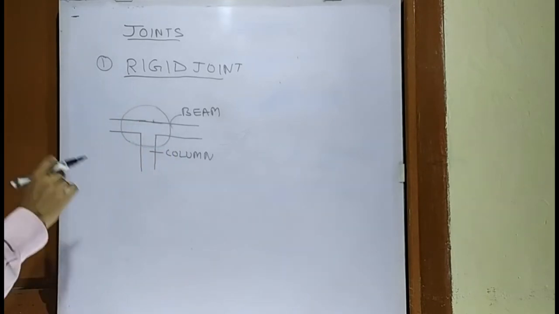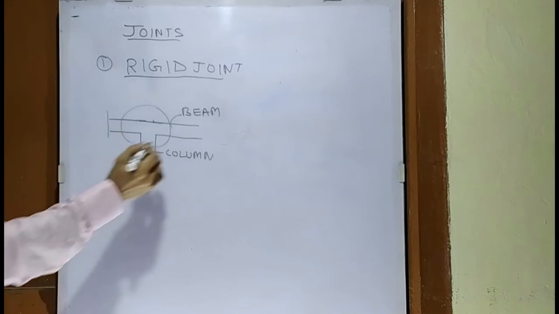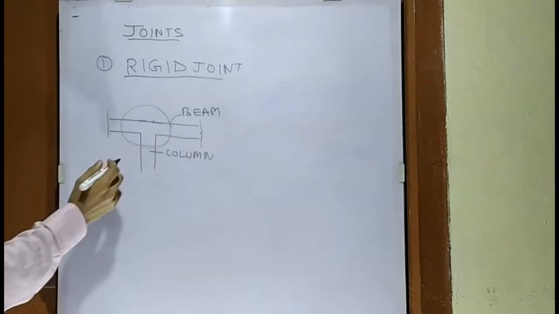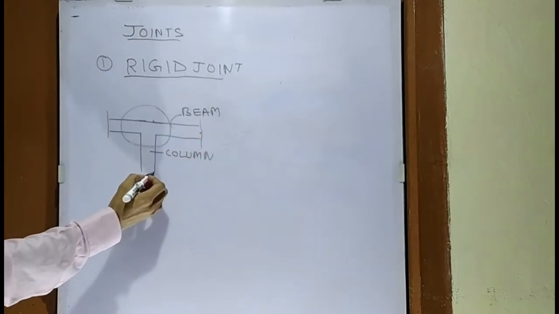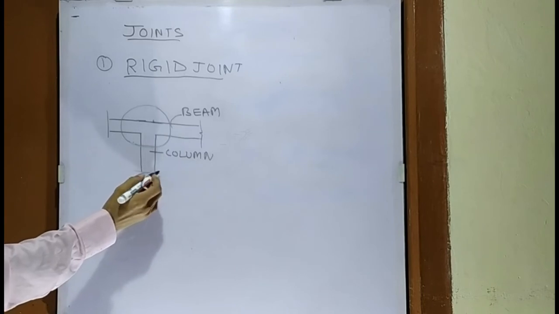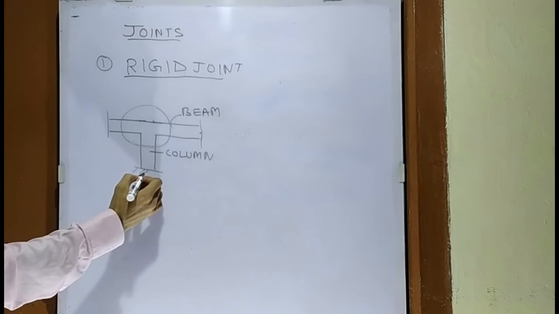Now if we consider that this beam is connected to a wall here, and this beam is also connected to a wall on the right side, and this column is fixed in the ground, so here we may consider that there is the ground level.